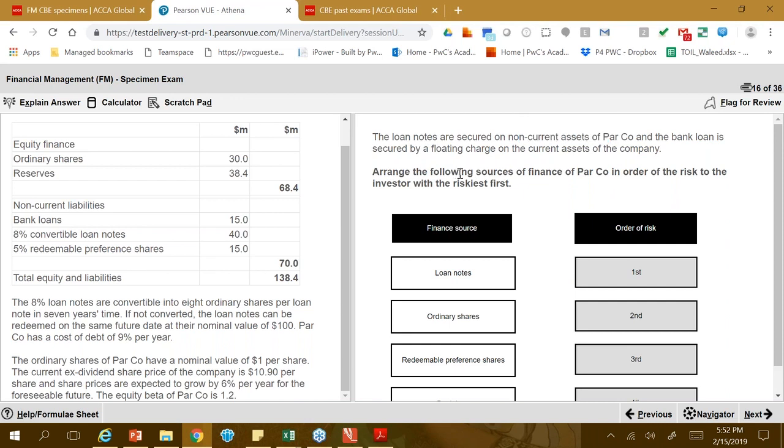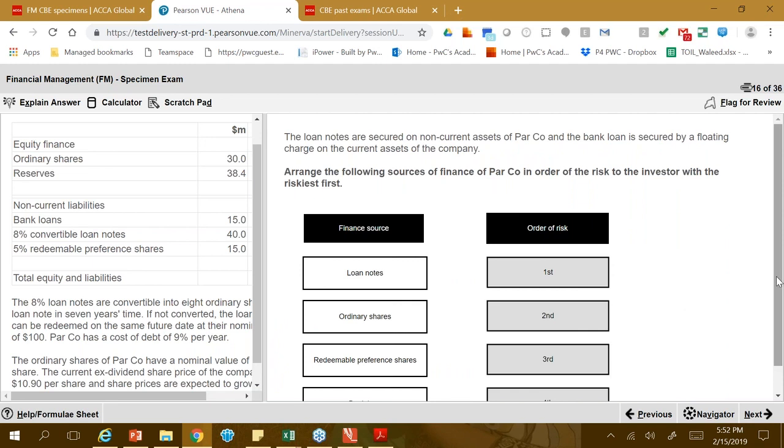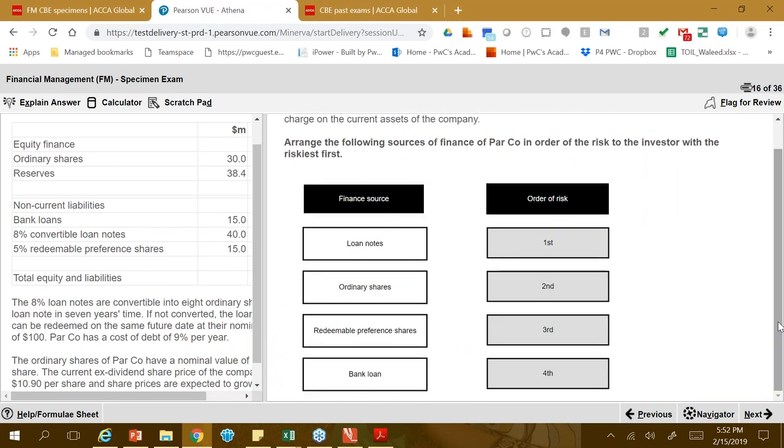Now, arrange the following sources of finance of Power in order of the risk to the investor, with the riskiest first. We talked about this earlier: what is the most risky form of financing?